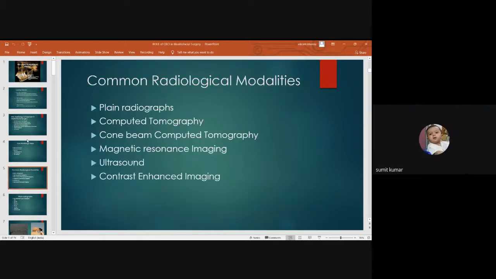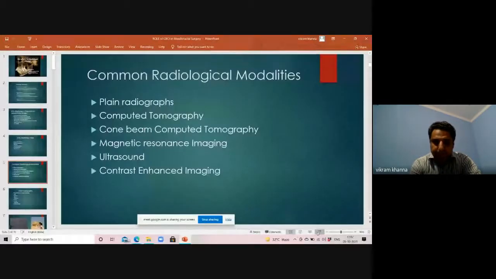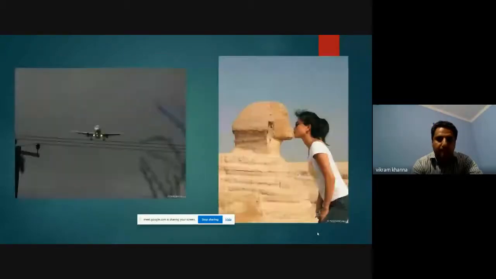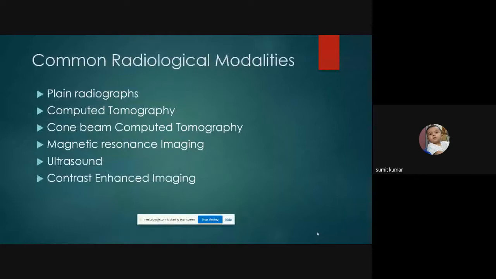First you stop sharing and then share again. Now it is visible. Please change. Yeah, it's visible now. It's changing.